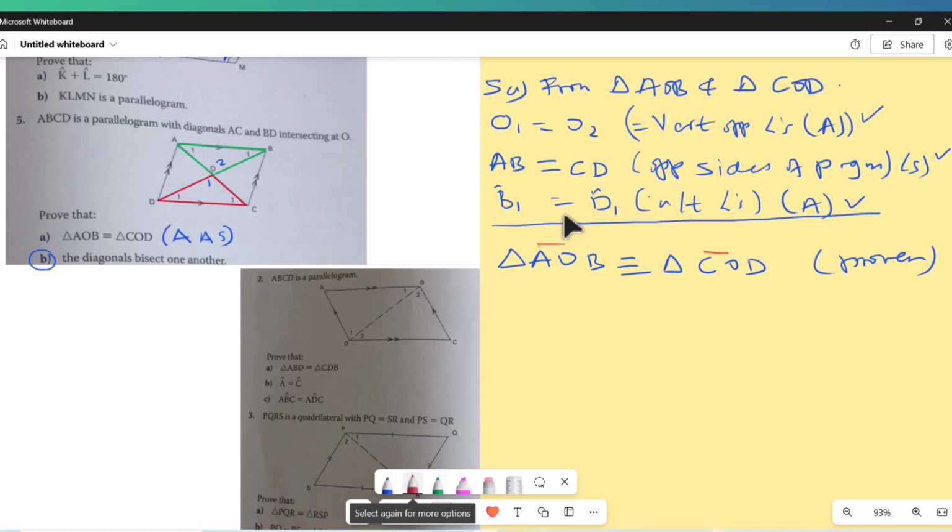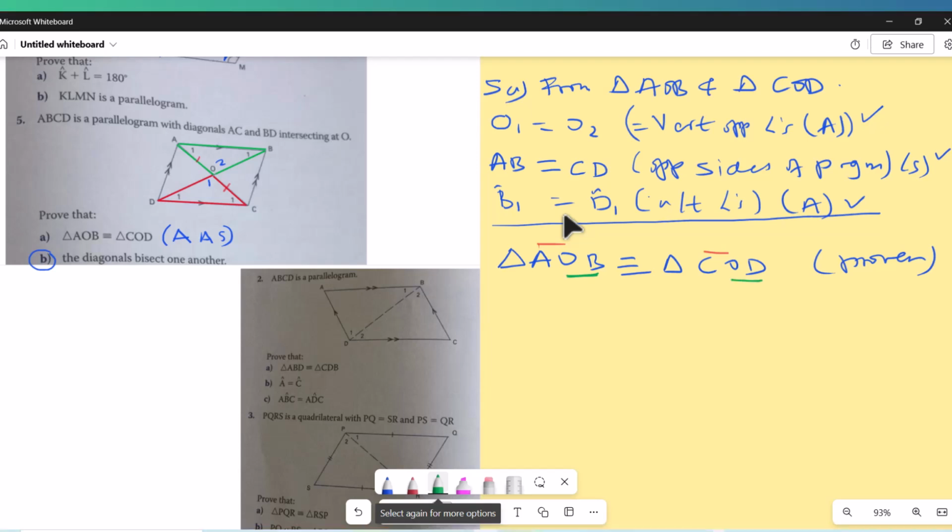So if AO equals side CO, what does that mean to us? That this is a bisector. Also, look at my OB. This OB equals which side? OB equals OD.